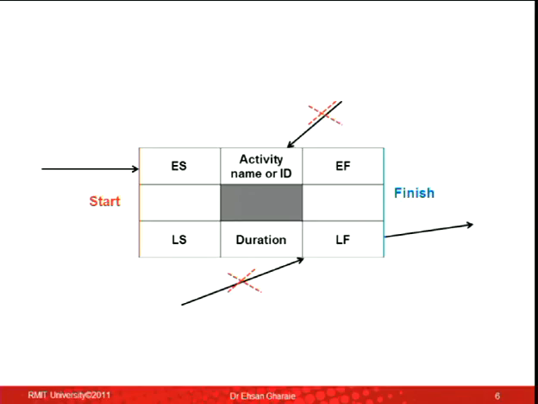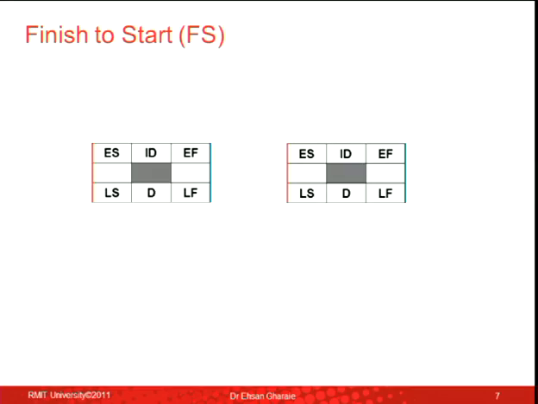Not the top of the box, not the bottom of the box. You with me? Yes? Okay. So if you accept this premise, then when you've got a finish to start relationship, which we had last week, it will look like this. Easy. That's the one that you've done last week. From the finish to the start.